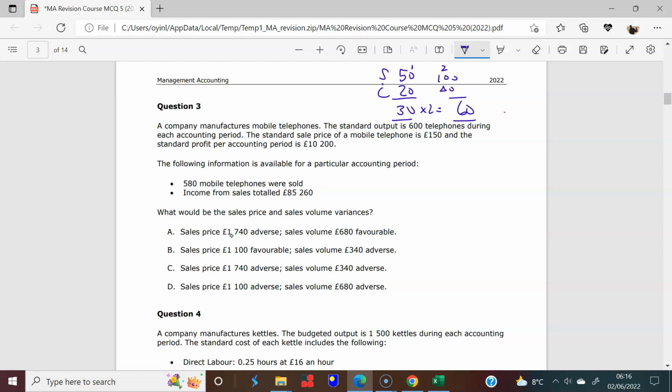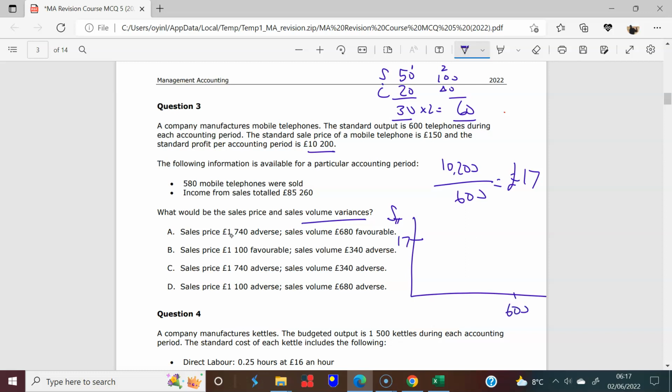So you need to analyze volume change or any excess revenue in volume terms by simply looking at the profit, which means here, when we're asked the volume variance, we're expecting a standard profit of 10,200 over 600 phones. So the profit expected on each phone would be 10,200 divided by 600, which is 17. So if I'm expecting a standard profit of £17 on each phone, we're expecting to sell 600 phones.